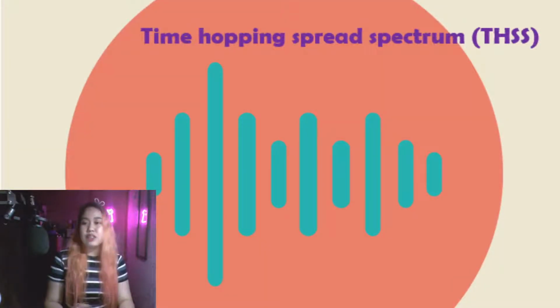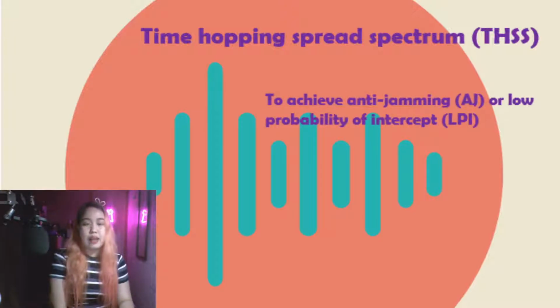Then last, let's proceed with the time-hopping spread spectrum. Time hopping is a communication signal technique which can be used to achieve anti-jamming or AJ or low probability of intercept or LPI.